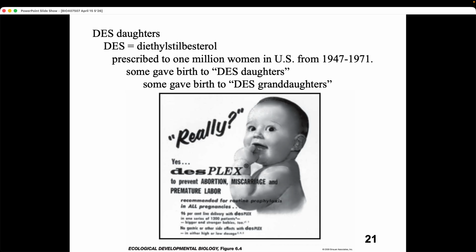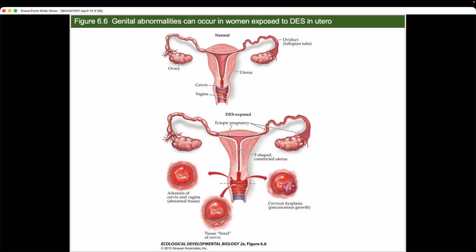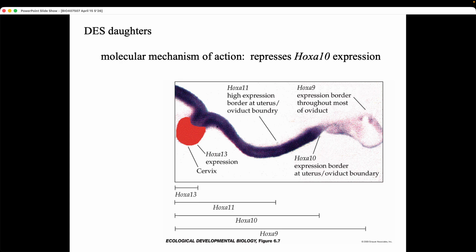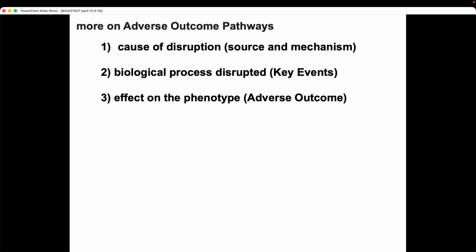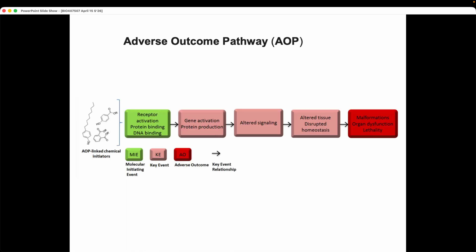Okay, so here's a good example of that. This is a pretty good example because we know the steps, and there's a primary story here, and it drives down from that to the key events to the adverse outcome, and we understand the molecular pathway pretty well. So it's a good example to think about this linear pathway.